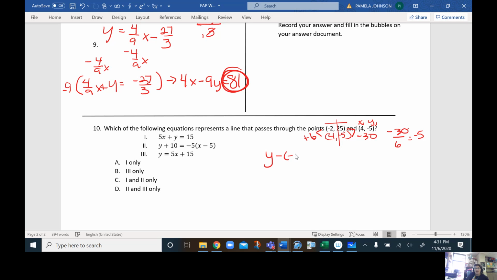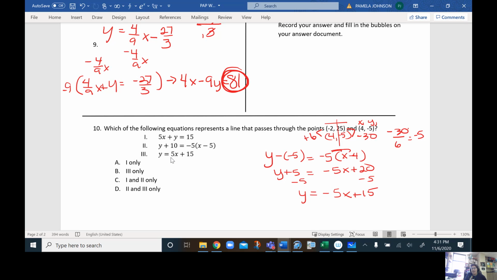So Y minus negative 5 equals negative 5 times X minus 4. Y plus 5 equals negative 5X plus 20. I'm just going to go ahead and distribute that. And then when I subtract 5, I get Y equals negative 5X plus 15. Okay.